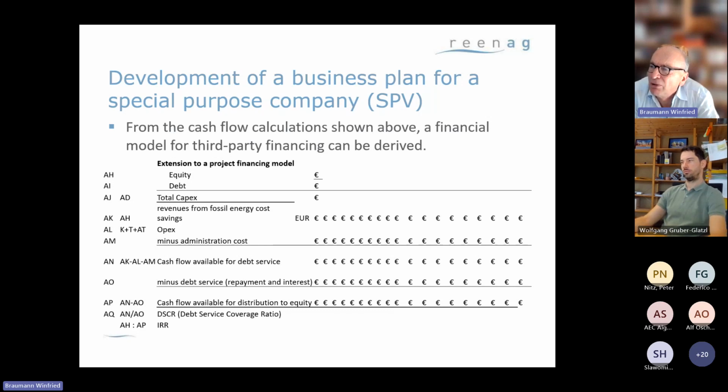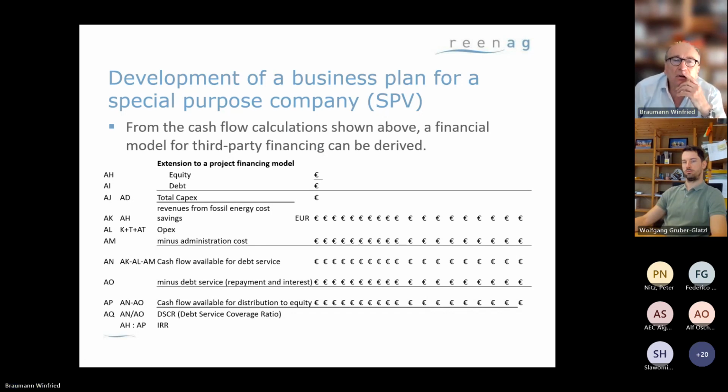Because what we have already is the cash flow, the revenues from fossil energy cost savings, which turns into a cash flow. This can be derived from the added up sheets we have seen before, and we know already the total capex.